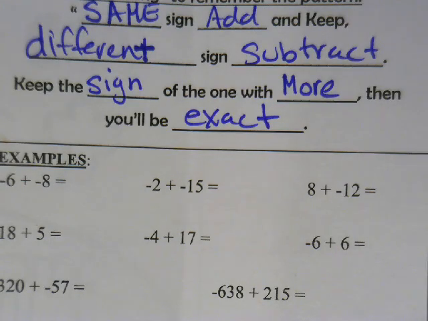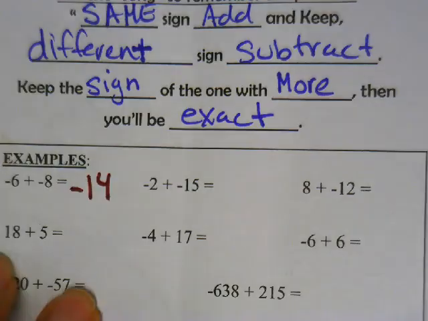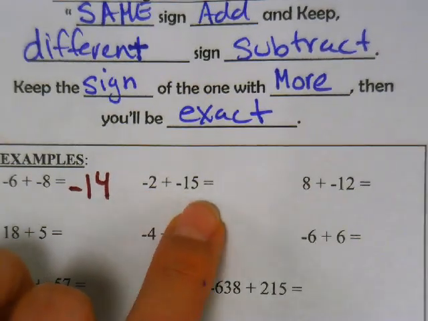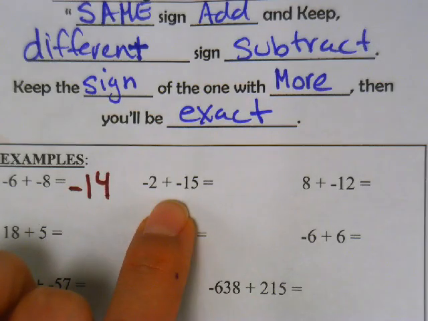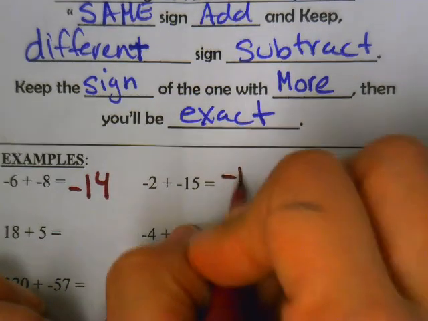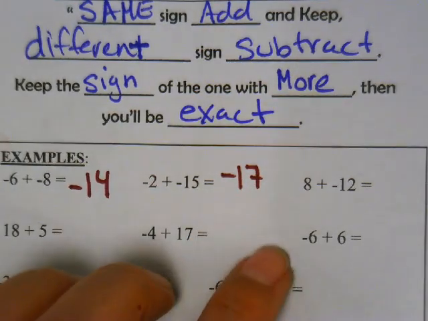All right, Marilyn, can you tell me the first answer? What's negative 6 plus negative 8? Negative 14. Hannah, what's negative 2 plus negative 15? Okay, come on, because the bell's going to ring. Negative 17. Maria, what's 8 plus negative 12?